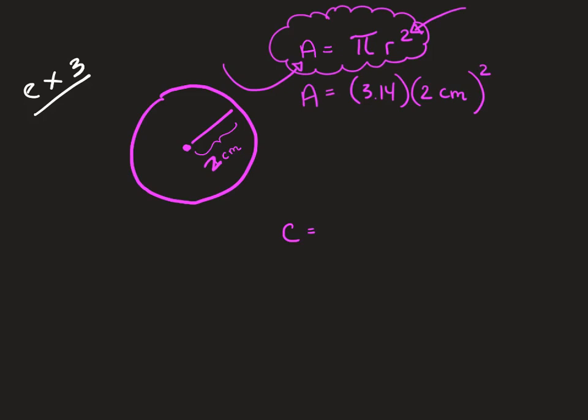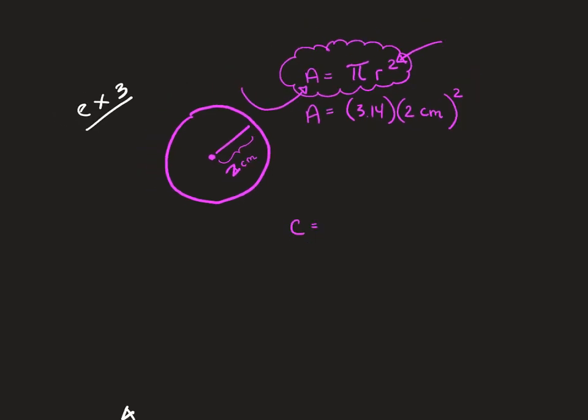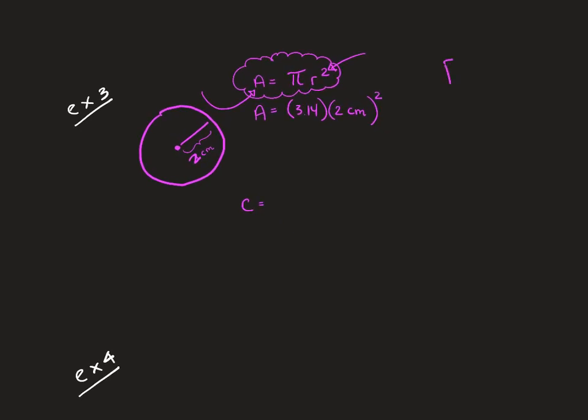So what you want to do here, everybody, according to PEMDAS, is the first thing you look at is parentheses, but there's nothing really to do inside the parentheses. There's a 3.14 inside here and a 2 centimeters, no big deal. So now you're going to skip to the exponents. And the exponents, there's one here.